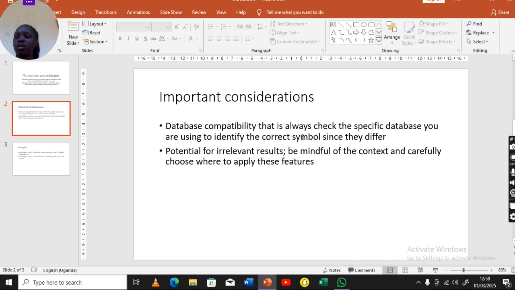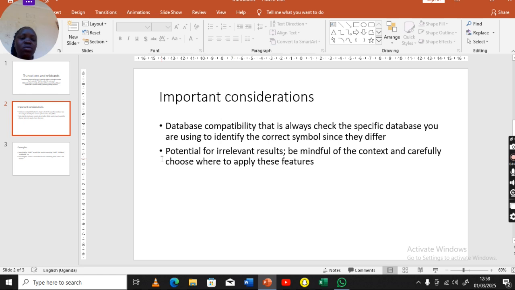And when you talk about overbroad results, using too many wildcards or truncations can lead to a large number of irrelevant results. So use them carefully and combine them with other search tools like Boolean operators, which we shall handle in our next video.